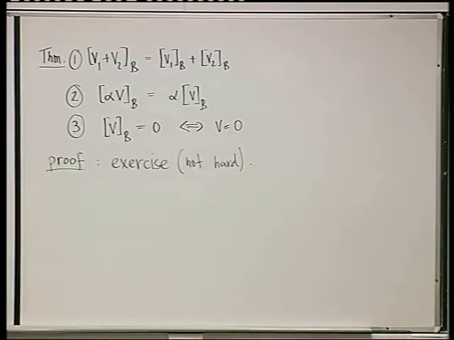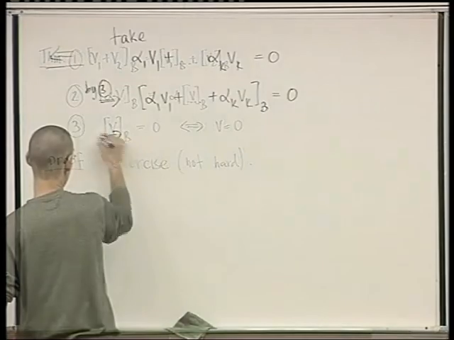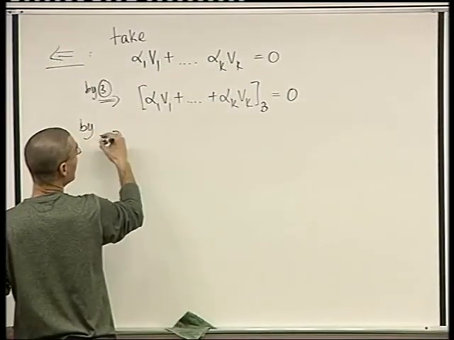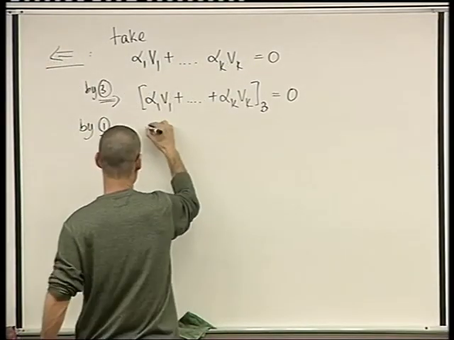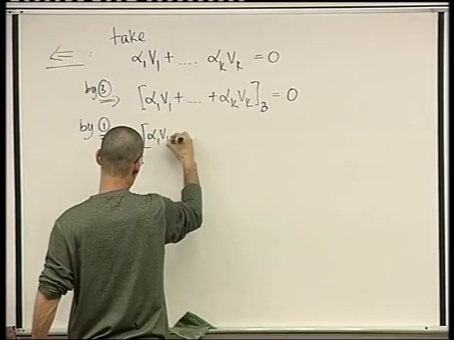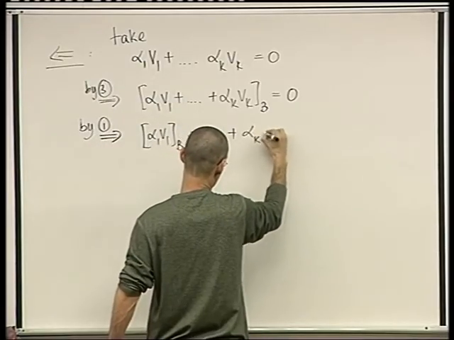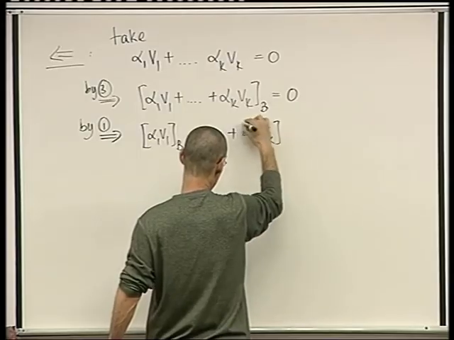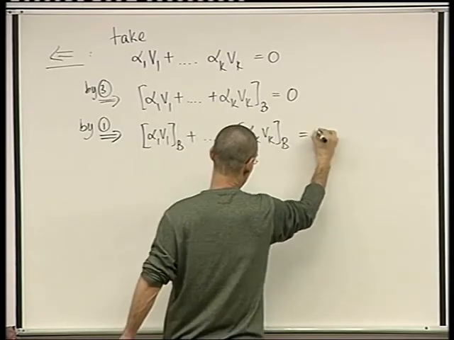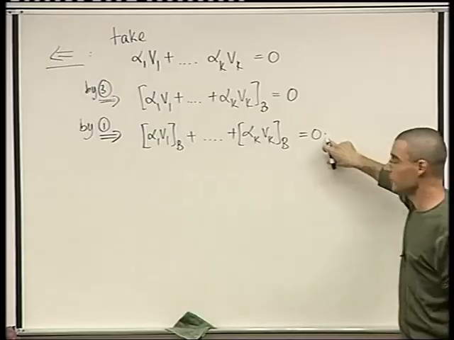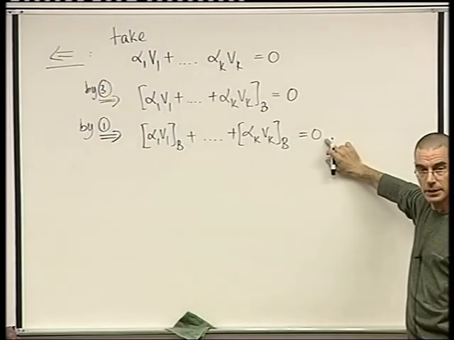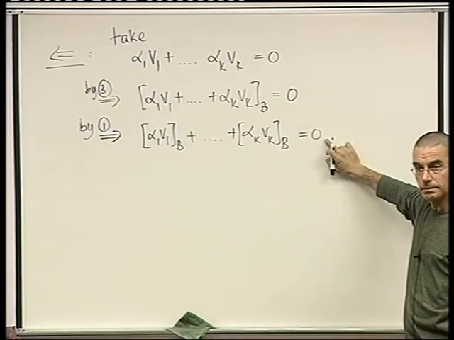So let's write that. So by part 1, this equals alpha 1 [v1]_B plus alpha k [vk]_B. What 0 is this? This is 0 where? In Fn.